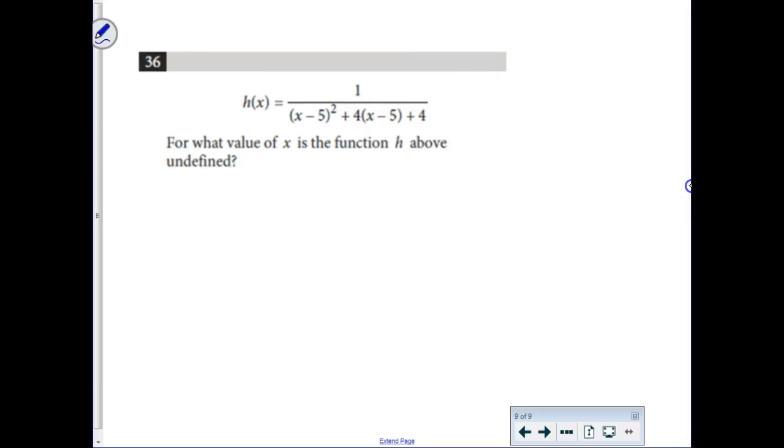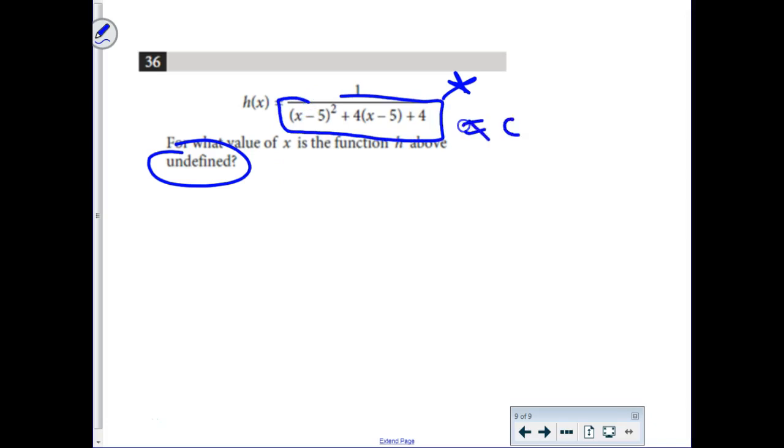And this question, there are two things that are going to be a problem. Do you remember what makes a fraction undefined? What can you not have in the denominator? So this thing right here cannot equal 0, but there's a major problem here, guys. It's not anywhere close to a solvable form.